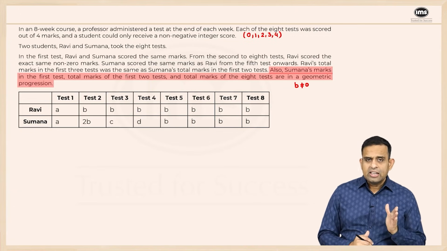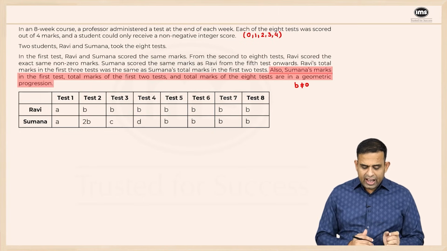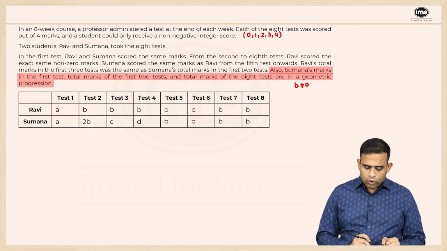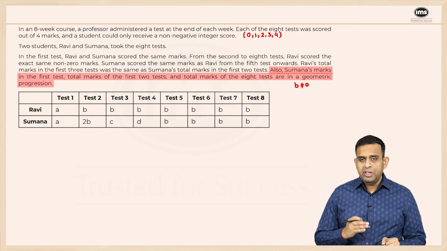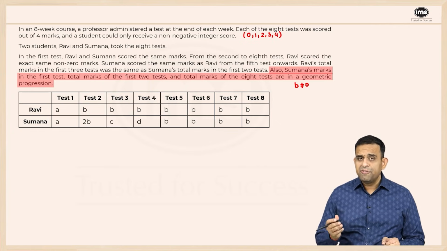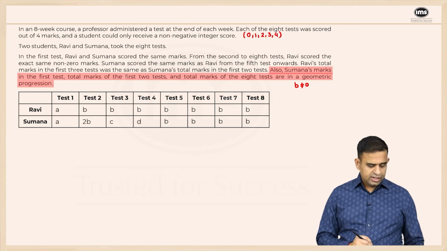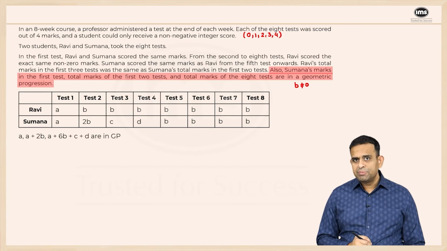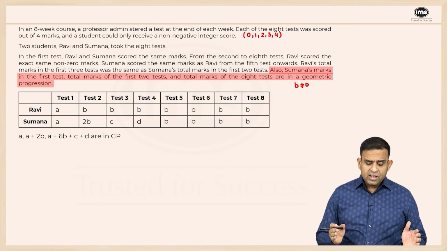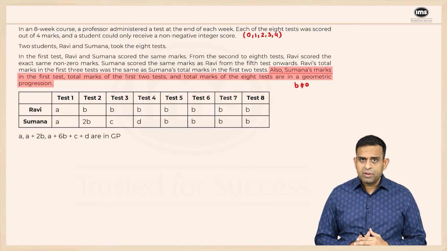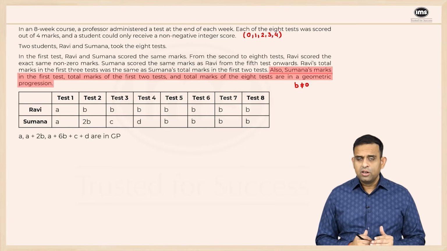So the term a plus 2b, and in total the score will be a plus 2b plus c plus d plus b plus b plus b plus b, giving you a plus 6b plus c plus d. So these 3 terms, a, a plus 2b, a plus 6b plus c plus d, are going to be in geometric progression.